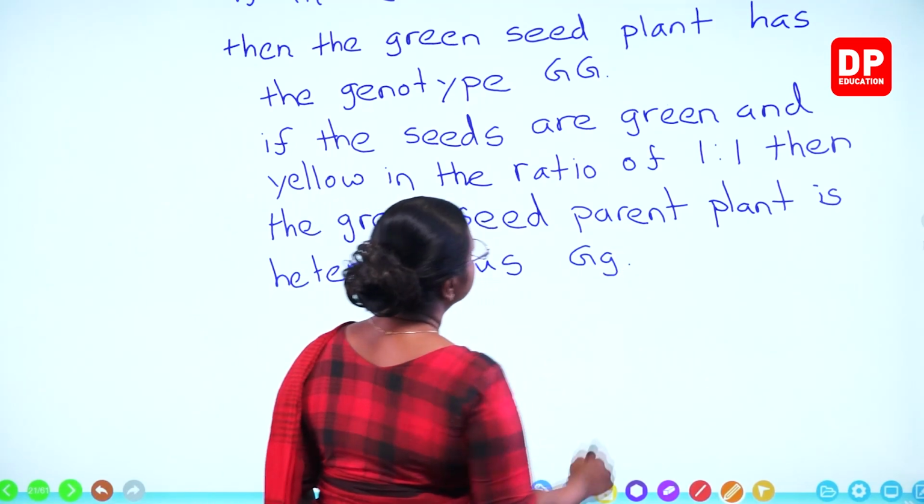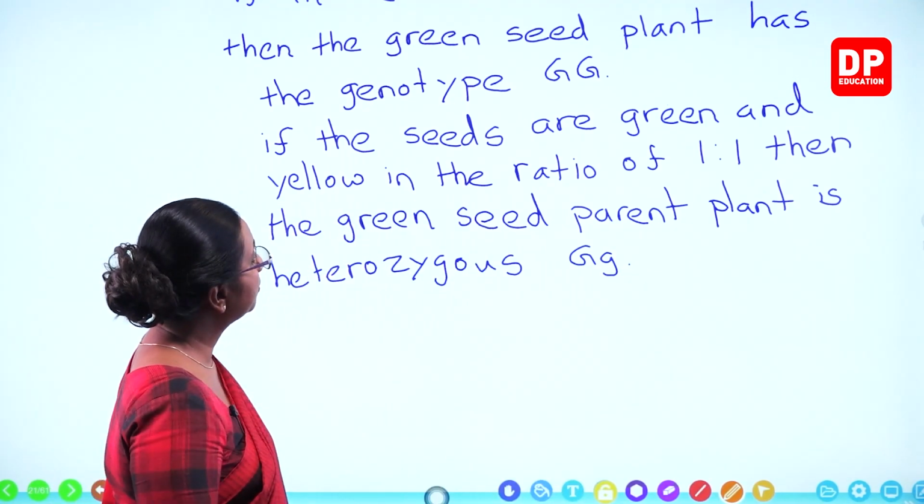That is capital G, simple G. That is how we conclude.